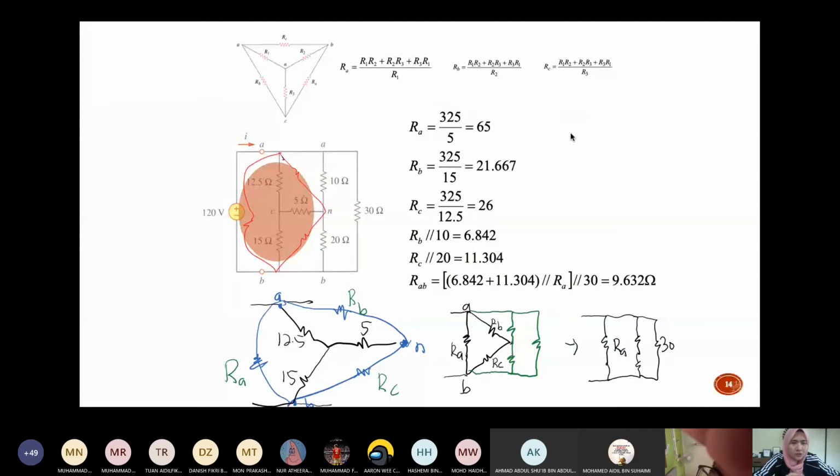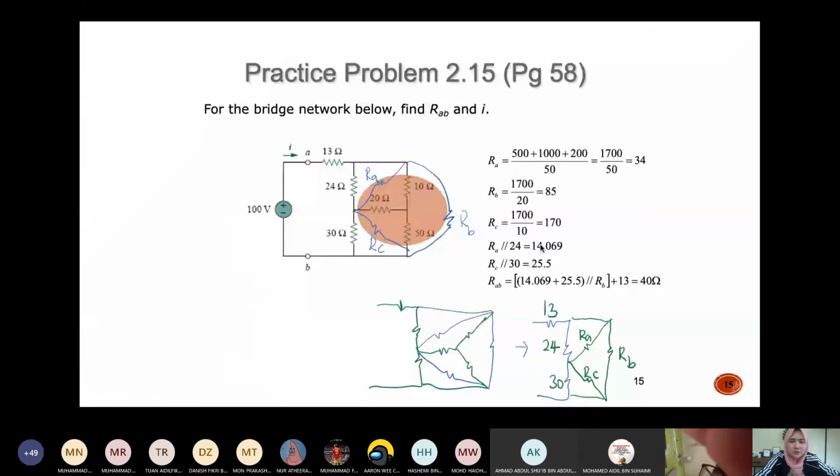Can you show the calculation for the R equivalent again? Okay, which one? This one? Oh, no. Is this one? Equation for R equivalent? Yes, okay. So from this circuit, this is the Y network.